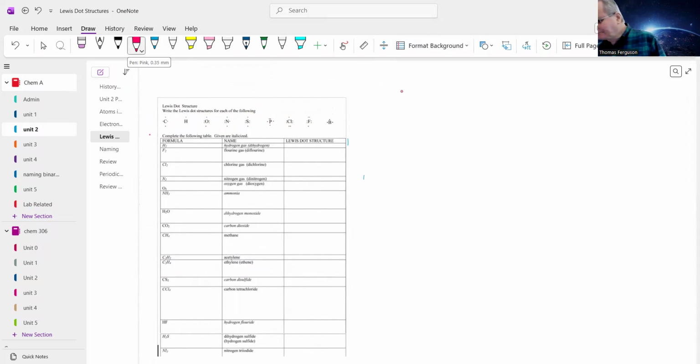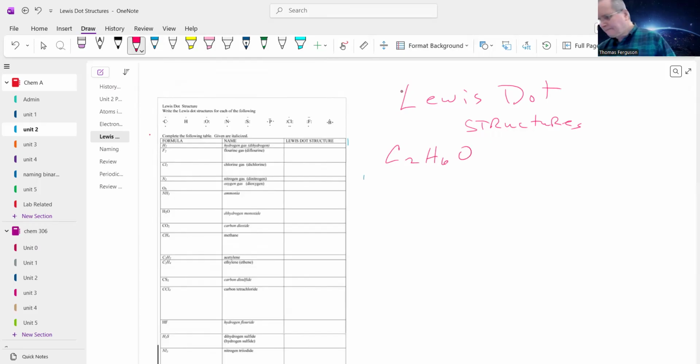Okay, so the Lewis dot structures. What we're going to be doing is, if you have a formula like this, about 150 years ago, that's all they had was the formula.